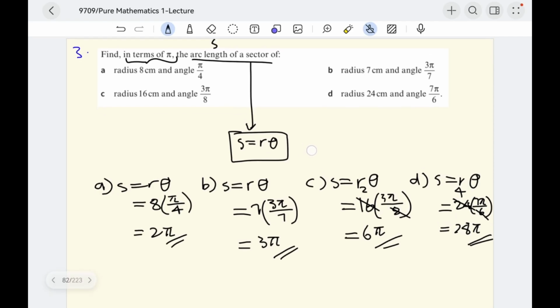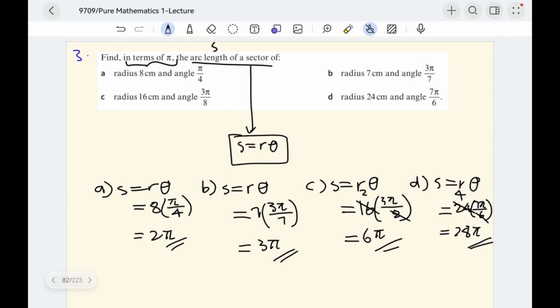You may verify the answers for each part. By right, the coefficient of the pi must be an integer. All right, you may verify and see if you wish. So that's the end of the question.